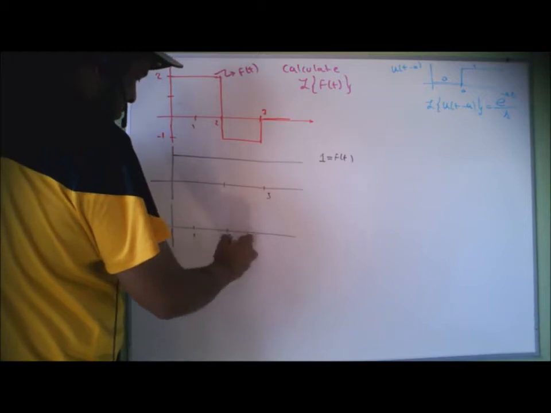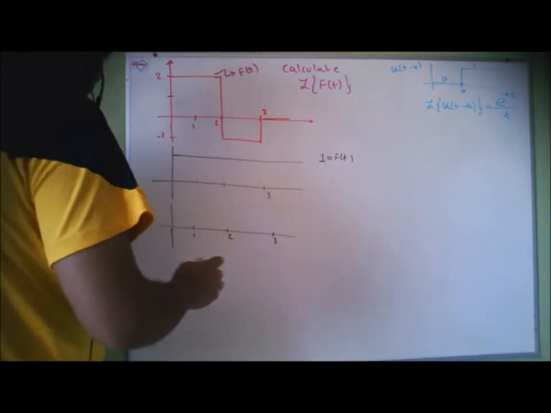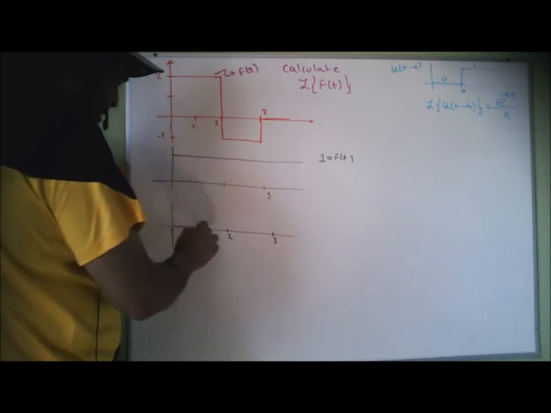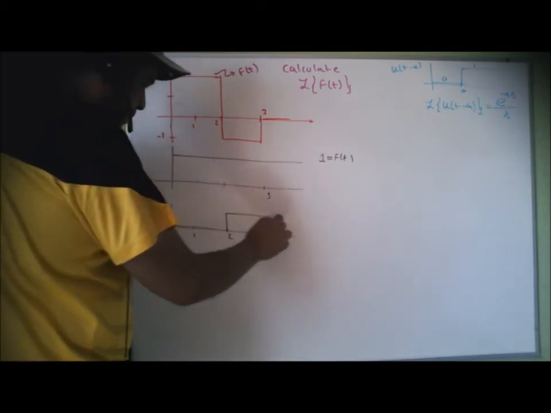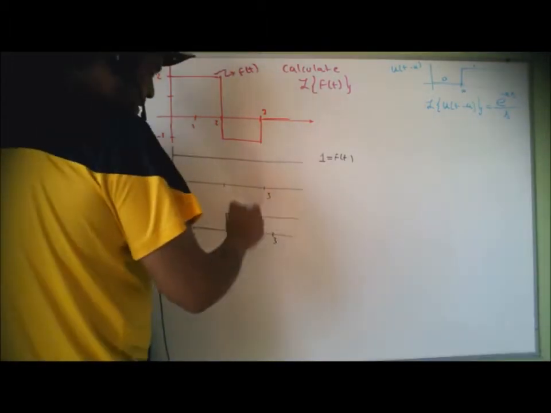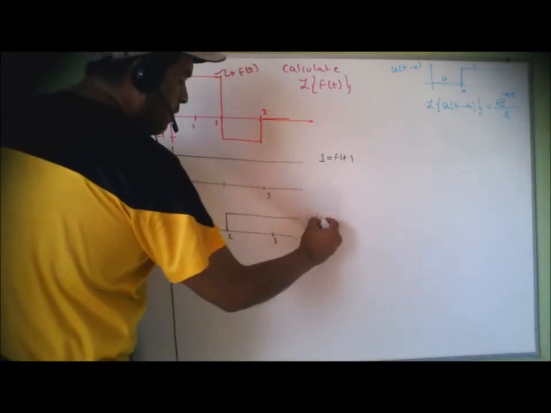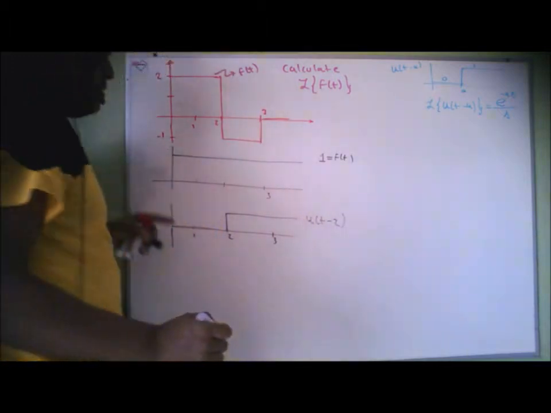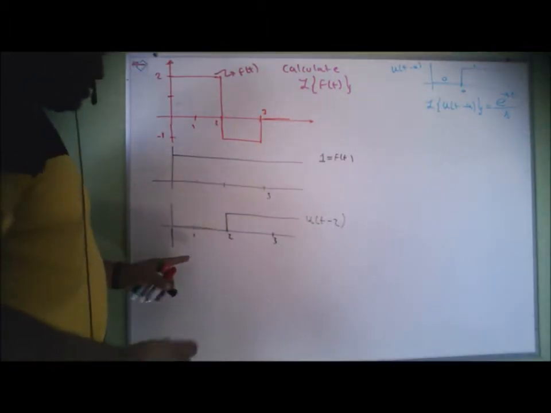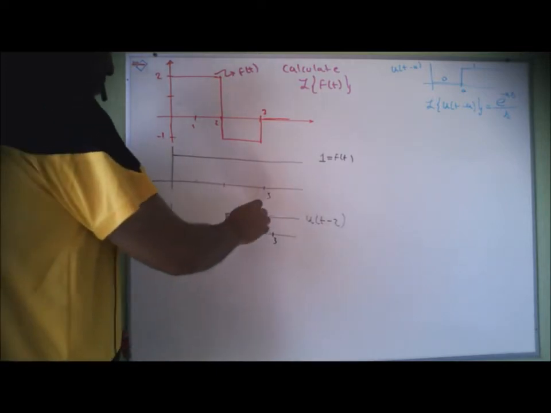In the next function, what I'm going to write is this step function. It is going to be u of t minus 2, according to the formula. The value of a happens to be 2, so it is going to be 0, and then it's going to be 1.